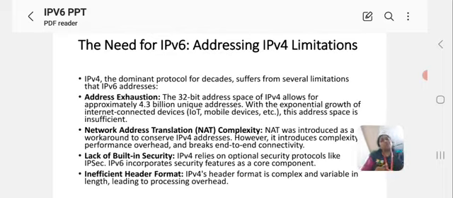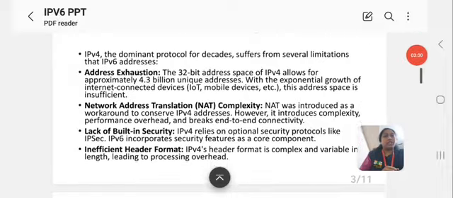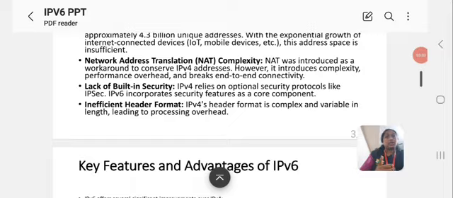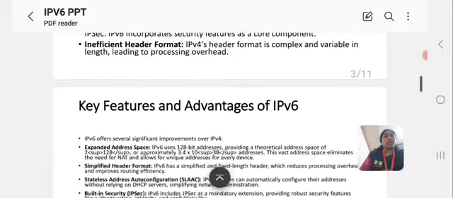So we are moving to IP version 6 addressing. Also, there is a lack of built-in security. IP version 4 relies on optional security protocols like IPsec, while IP version 6 incorporates security features as a core component. Another problem is the inefficient header format, which is complex and variable in length, leading to processing overhead.